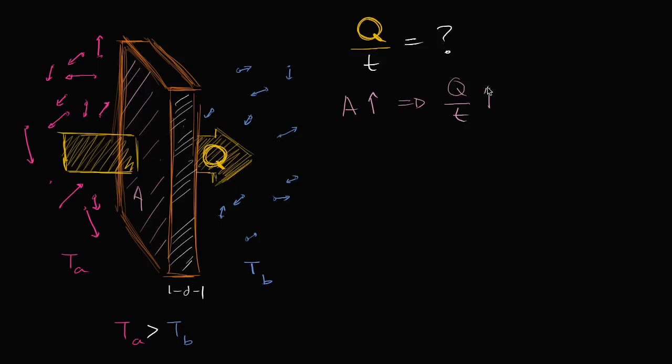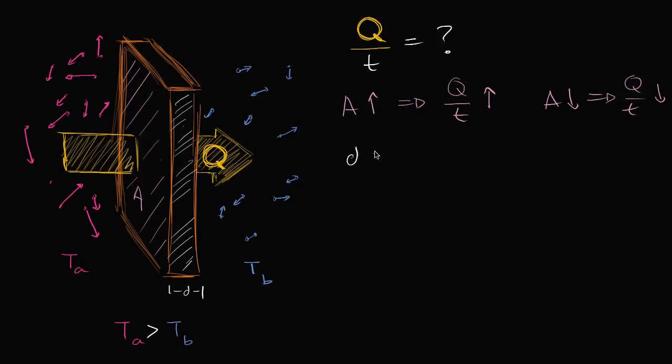So in that case, our rate of heat transfer would also go up. And obviously if I made my contact area smaller, then my rate of heat transfer would go down, and that feels like common sense. Now, what about the thickness?